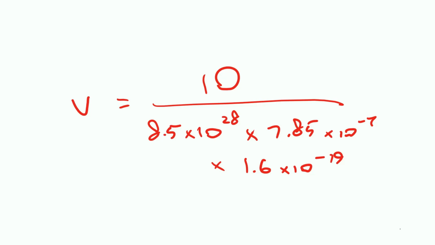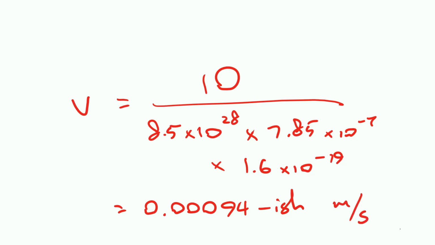So we punch all this into the calculator, and we come out with an answer of 0.00094-ish. It's actually 0.00093666804 according to my calculator, but I'm going to round it, so it's 94-ish, and we just worked out before our units are meters per second.